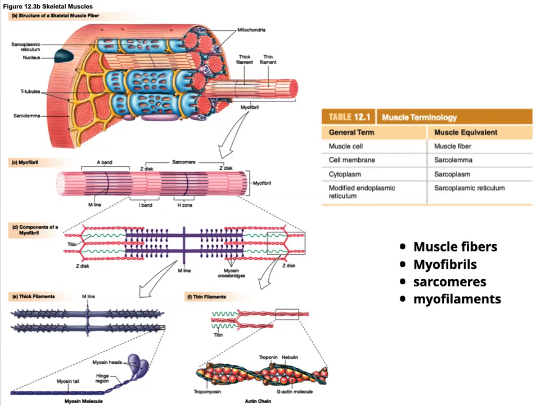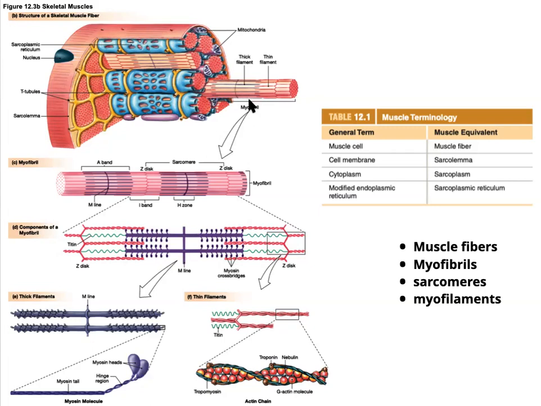These myofibrils are rod-like contractile elements that take up most of the cell's volume. And they are composed of sarcomeres that are lined up end to end.